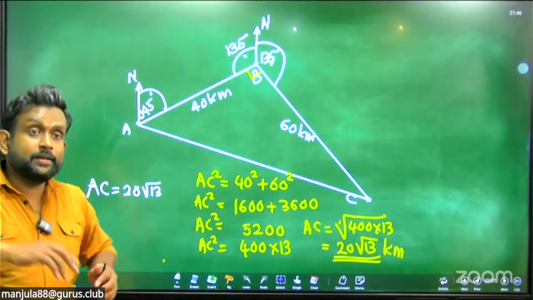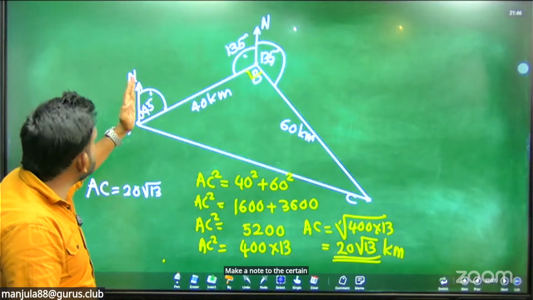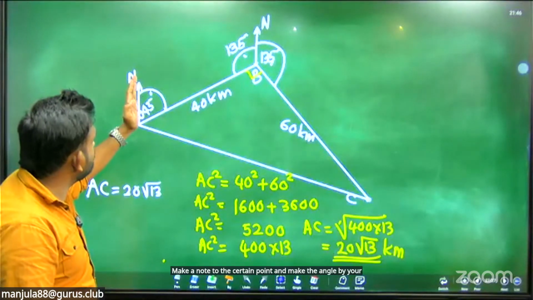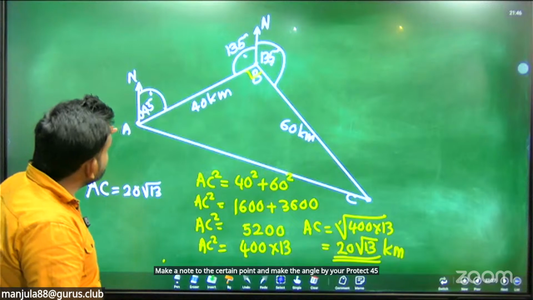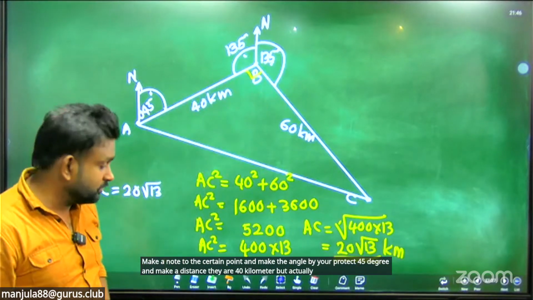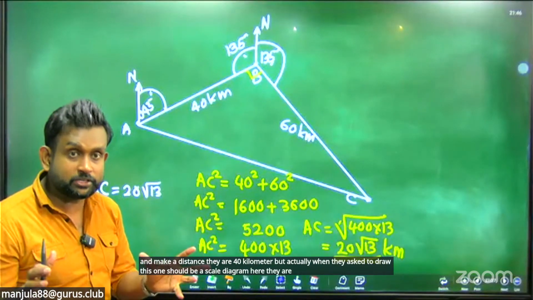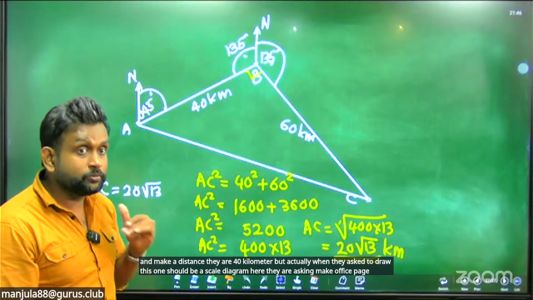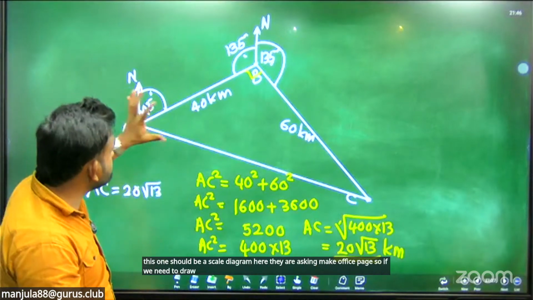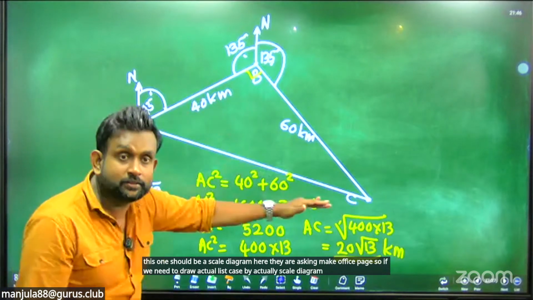The bearing is measured by making a north at the certain point and making the angle with a protractor, 45 degrees, and making a distance there, 40 kilometers. But actually, when they ask to draw, this one should be a scale diagram. Here they are asking for a rough sketch. If we need to draw an actual scale diagram, you can find the AC length, right?